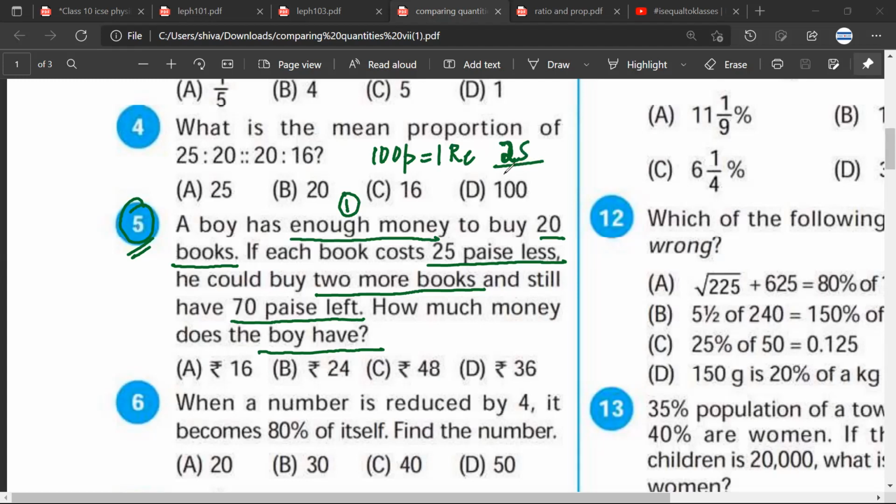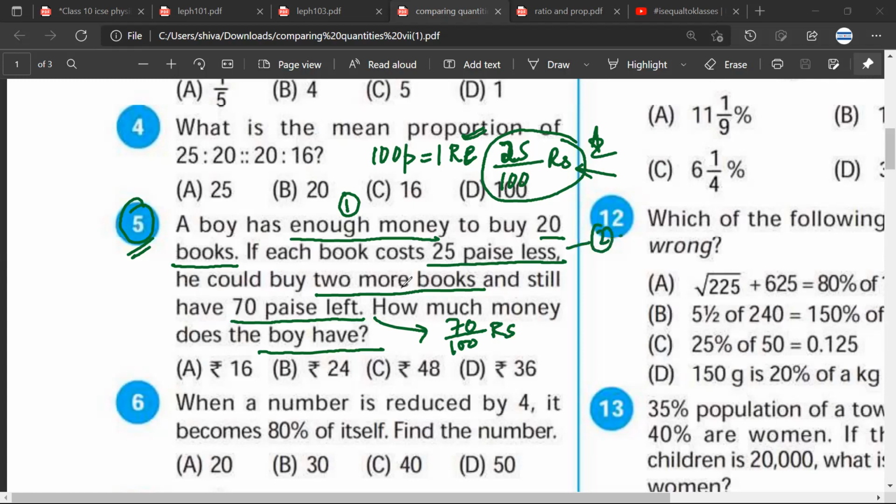So 25 paise would be equal to 25 upon 100 rupees. Are we aware that 100 paise is 1 rupee? Yes, sir. And 70 paise would be equal to 70 upon 100 rupees. Are we comfortable with this? Yes, sir. So this is the second thing that we need to remember.